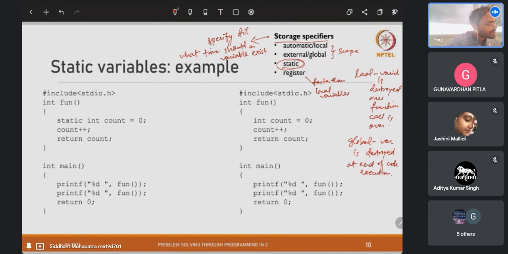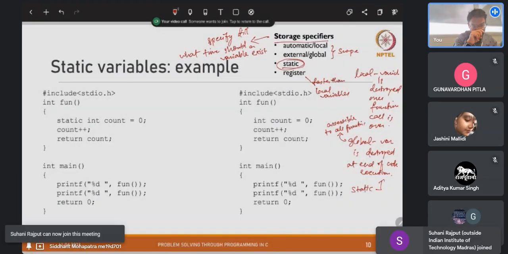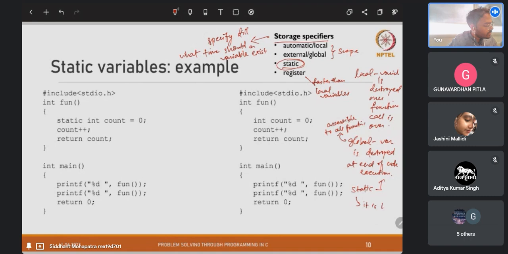Global is accessible to all functions. While if you say static, the variable is also destroyed at the end of the code execution, but it is local to the function where it is defined. So the static variable is local to the function where it is defined, but it stays till the end of the code. It is not destroyed before the code stops executing.